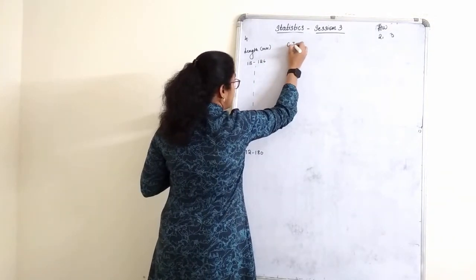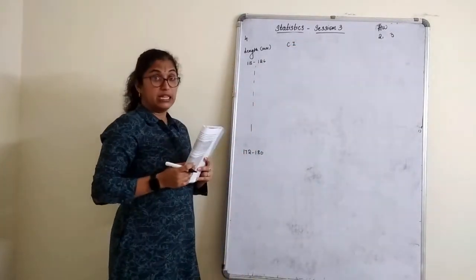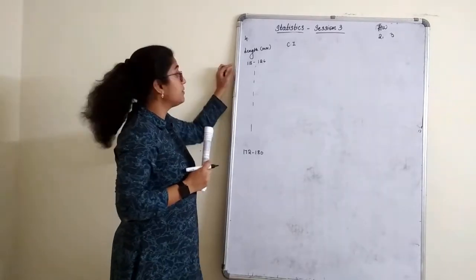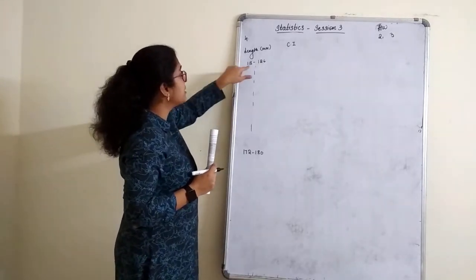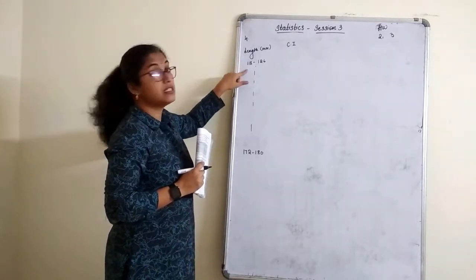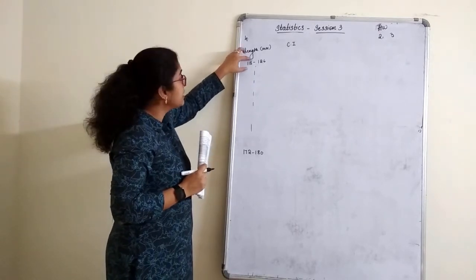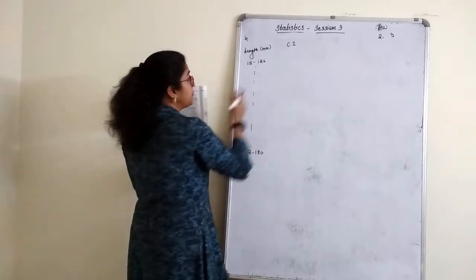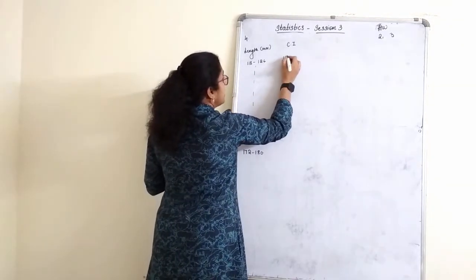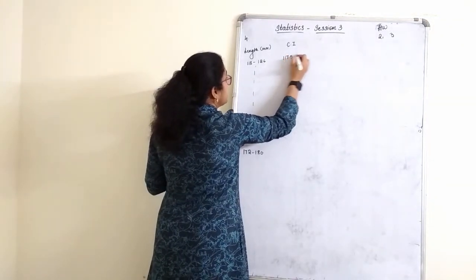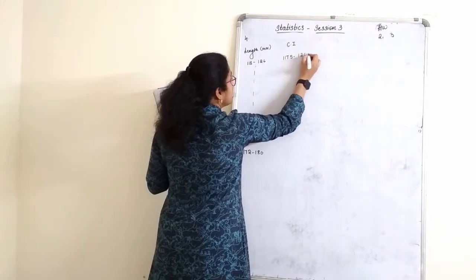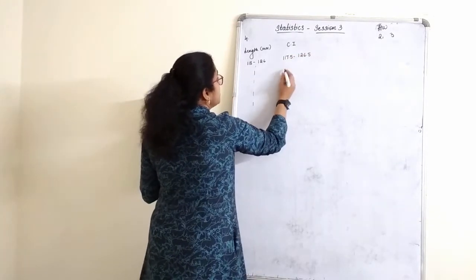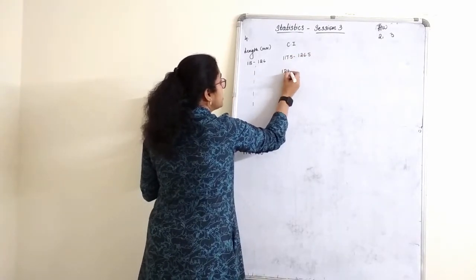The next column will be class interval. How do you write that class interval? 118 to 126. How do you make this continuous? We make it continuous by subtracting 0.5 and adding 0.5. So this will be 117.5 to 126.5. The next interval will be 126.5.